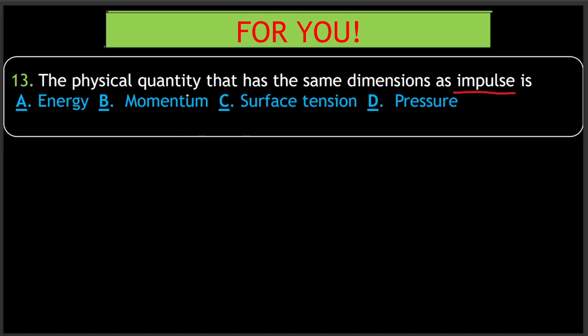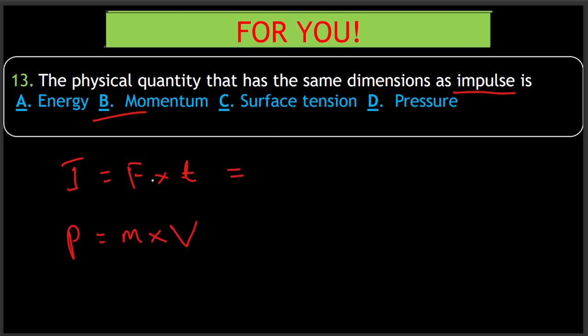Impulse. So impulse shares the same dimension with momentum. We have proven that before. Watch the previous video. Is that okay? Or let me quickly do that. Impulse is force times time, okay? And momentum is mass times velocity, okay?